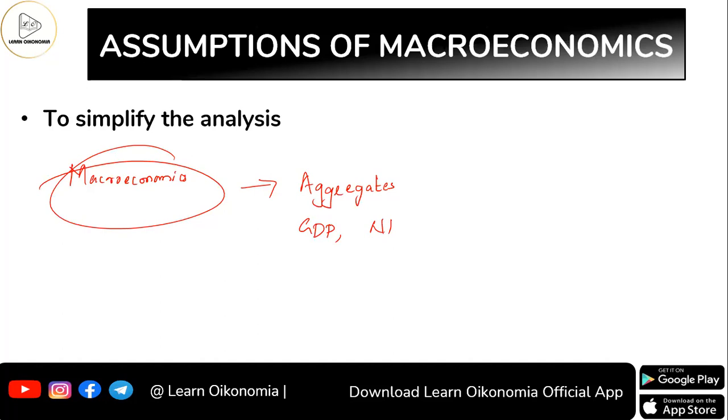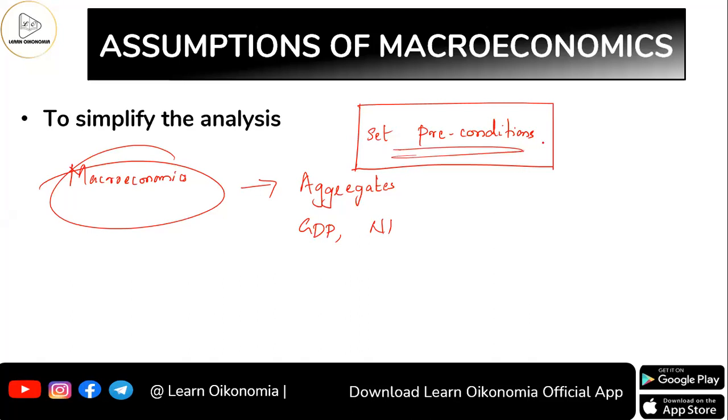Now, when we consider assumptions in building the theories or models in macroeconomics, the basic intention is to set some preconditions and then build the theory. We form some preconditions, and the theory works only when these conditions are followed.